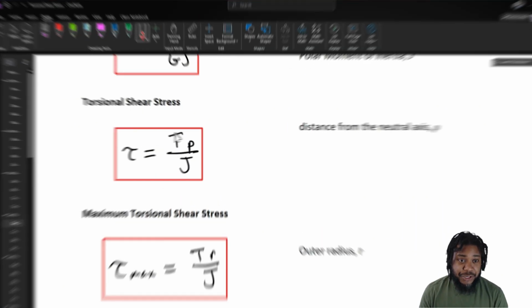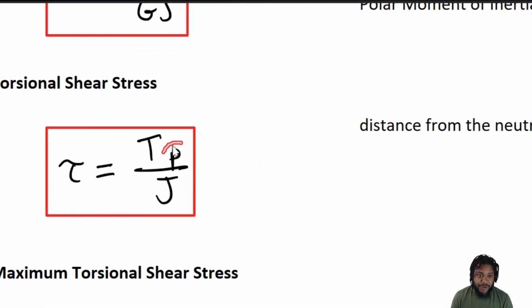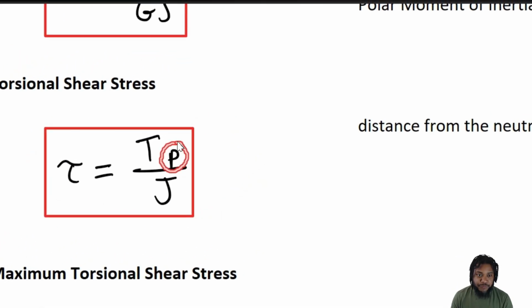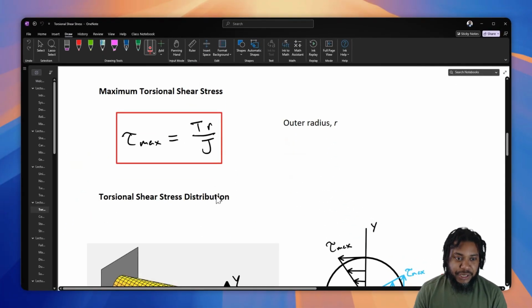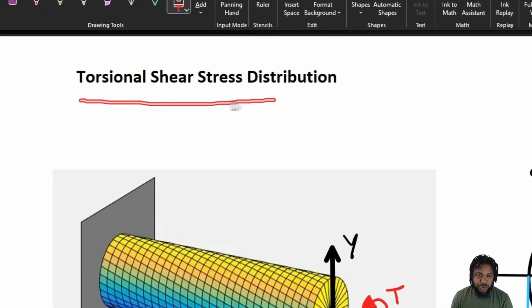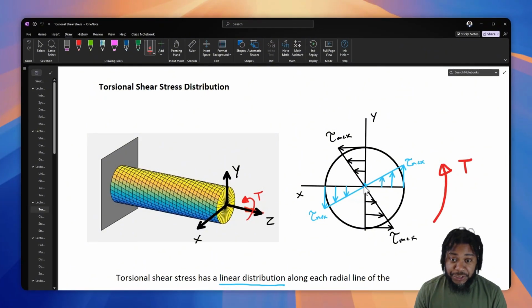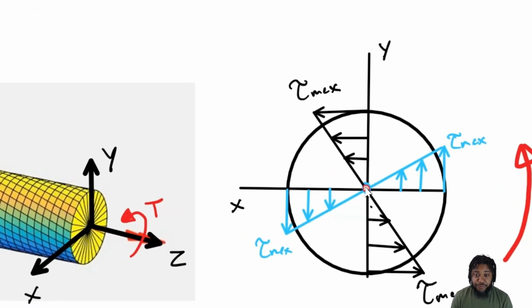Now, we've got an equation here for torsional shear stress. We can see that it's a linear equation, that as we move from the neutral axis to the outer edge, it becomes larger. And so we can then draw a diagram for how torsional shear stress is distributed across a member. We can see that at the center, if we're sitting right at the neutral axis, torsional shear stress is 0.